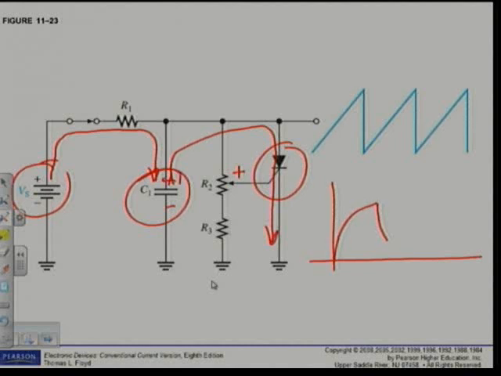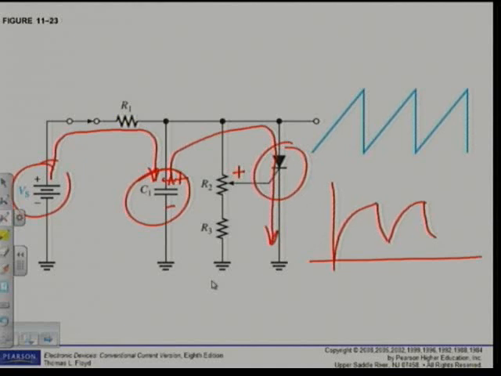Then it will charge the capacitor again, positive, negative, till we reach the point where we trigger the SCR. The SCR will discharge the capacitor till the current drops to a value lower than the holding current. Then it will turn off again.